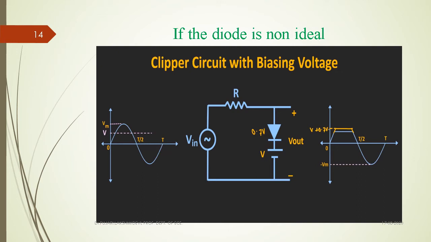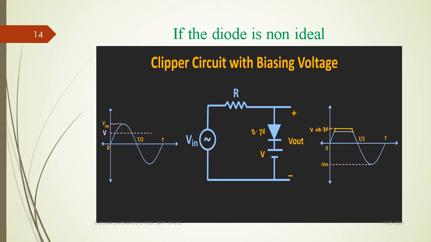So we can consider that 0.7 volts appears as an extra compared to the last waveform. That is, the voltage source of 5 volts plus 0.7, so 5.7 volts, is maintained as a constant output voltage. Whenever Vin is greater than 5 volts, the diode acts as a closed switch.